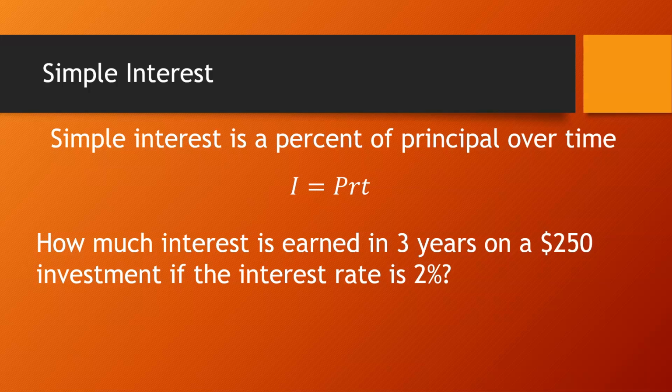So we'd like to know how much interest is earned after 3 years if we invest $250 and the interest rate is 2%. The interest then is principal, $250, times the rate, 0.02, times the time in years, which is 3, which gives us $15 in interest.